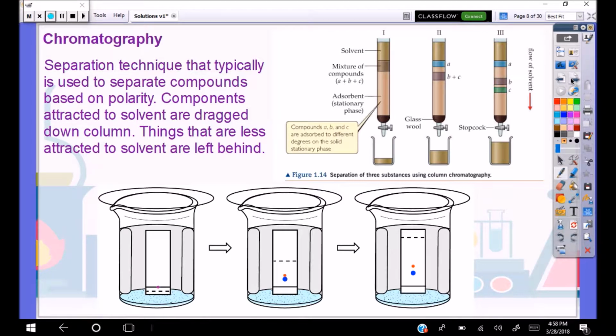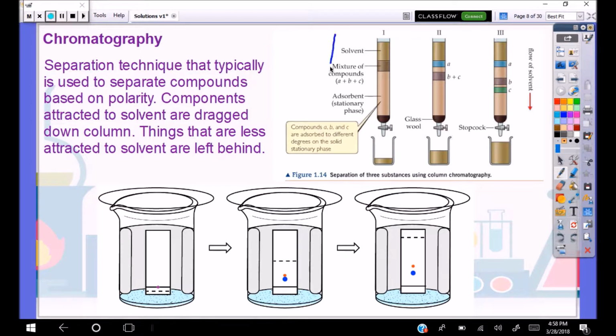So say we have a polar solvent, it will attract all the polar things and drag them down the column or across the paper, the stationary phase, if you will, and those things will come off first. You get a separation based on polarity, whereas things that are less polar or nonpolar will be left behind.